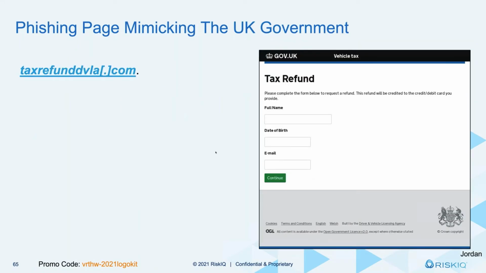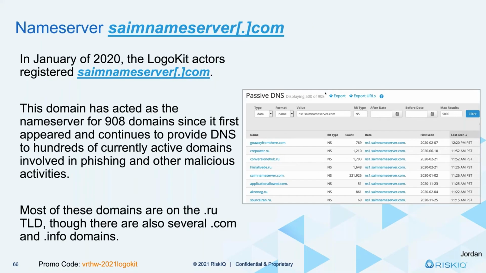And pretty much the same thing here. This is also tied to that FundTool, who is organizing tax refund dvla.com. This one is mimicking the UK government. It shows up like 235 entries for that, and over 484 historic ones. So yeah, it's pretty big.